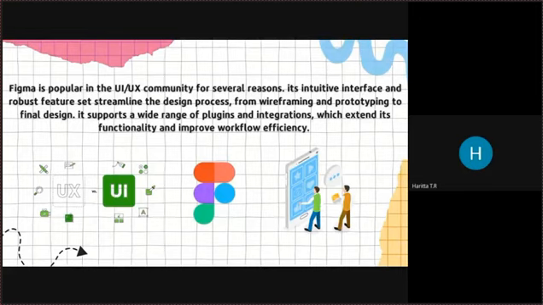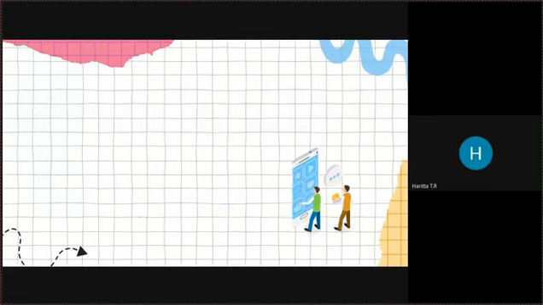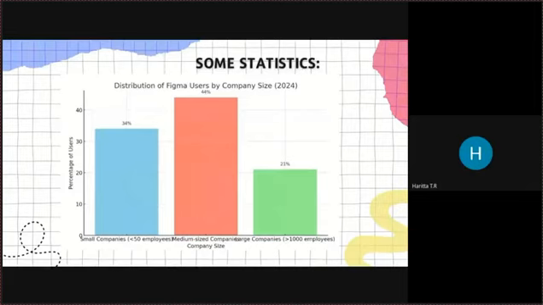Figma has a wide range of integrations with other tools like Slack, Trello, and GitHub. So these are some statistics of 24 from the company and the percentage of users of Figma. As we can see, the percentage of use of Figma in the middle-sized companies is considered higher in this statistics.